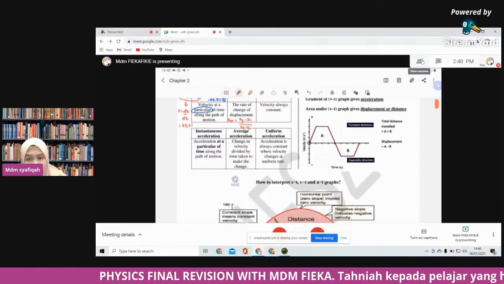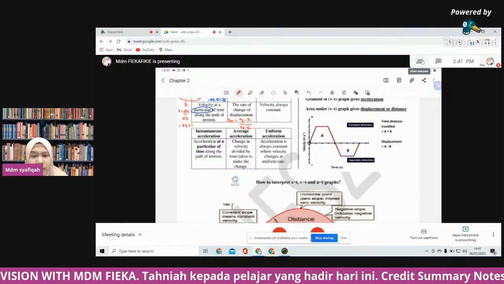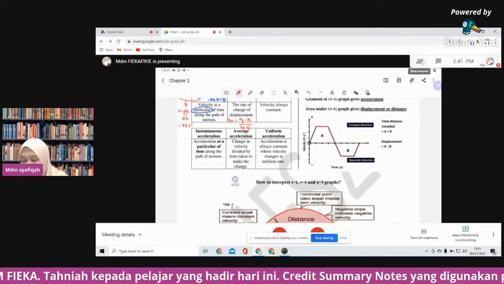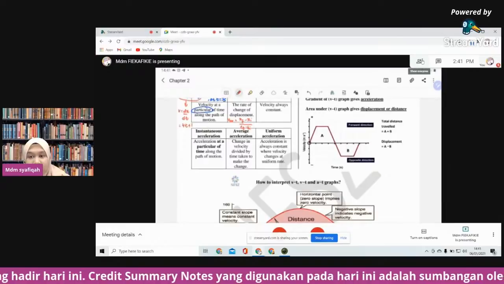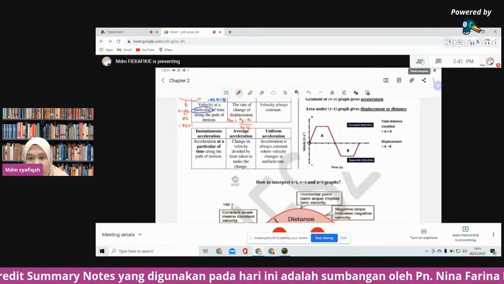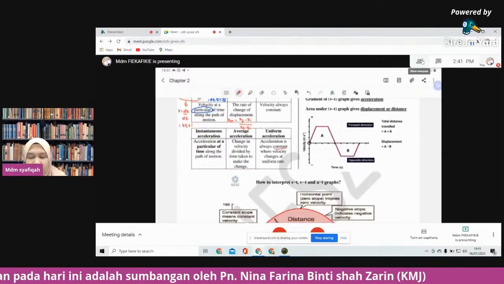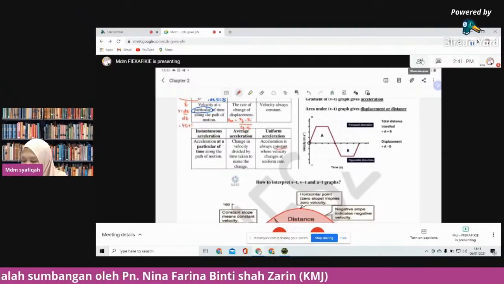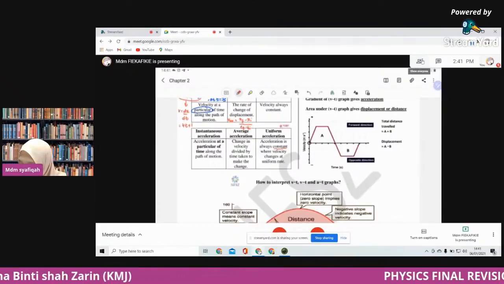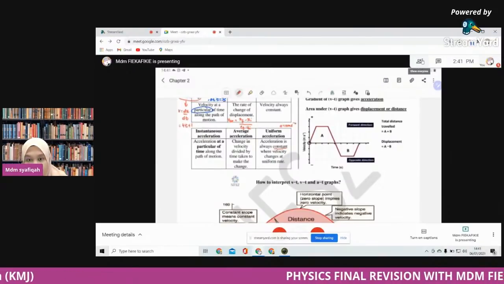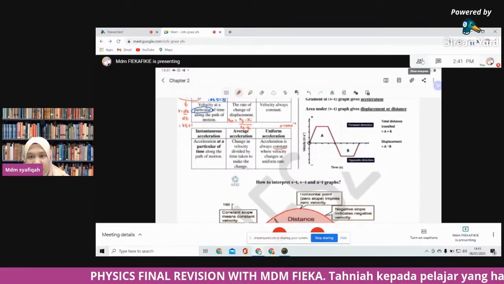Alright, next. We have the instantaneous acceleration. You must know the difference between the instantaneous acceleration, the average acceleration, as well as uniform acceleration. Remember, uniform acceleration, acceleration is always constant. Uniform acceleration bukan a is equal to 0. Kalau diberi a is equal to 10 meter per second squared, means that daripada 0 hingga 10 second, acceleration dia sama saja selama 10 second.